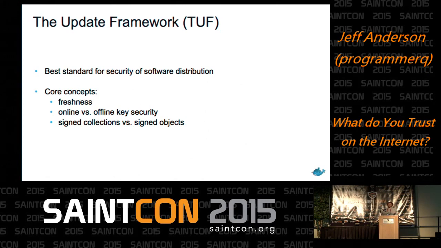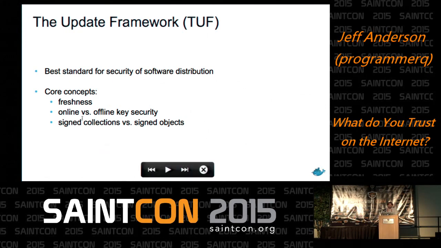So the solution is to use an offline key. But now I can't do automatic publishing of repositories because my key is in a safe. So there's trade-offs for these key security strategies. So TUF tries to take each strategy and apply those to roles where it makes the most sense. And we'll see a little bit more of that in a little bit.